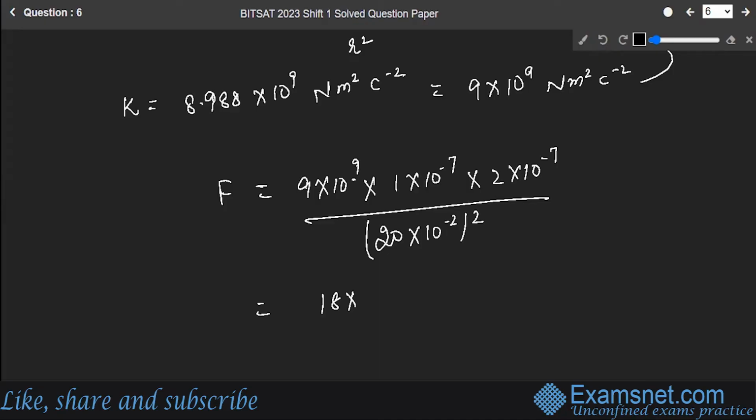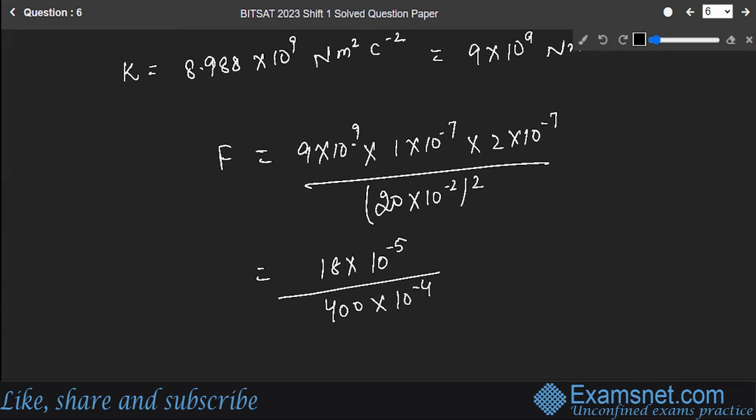Wait, no, this is 9. Okay, this is 18 into 10 raised to power minus 5 upon 400 into 10 raised to power minus 4.